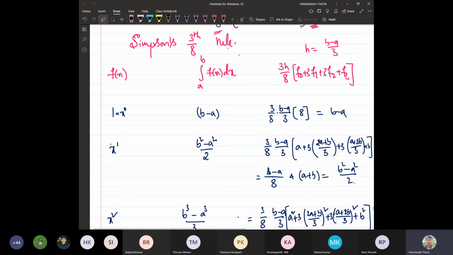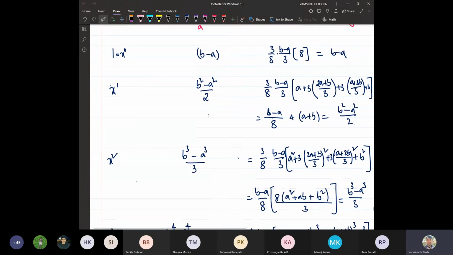So 8 will get cancelled, 3 will get cancelled, and you will get b minus a. So for polynomials of degree 0, the integration rule gives us the exact value without any error.